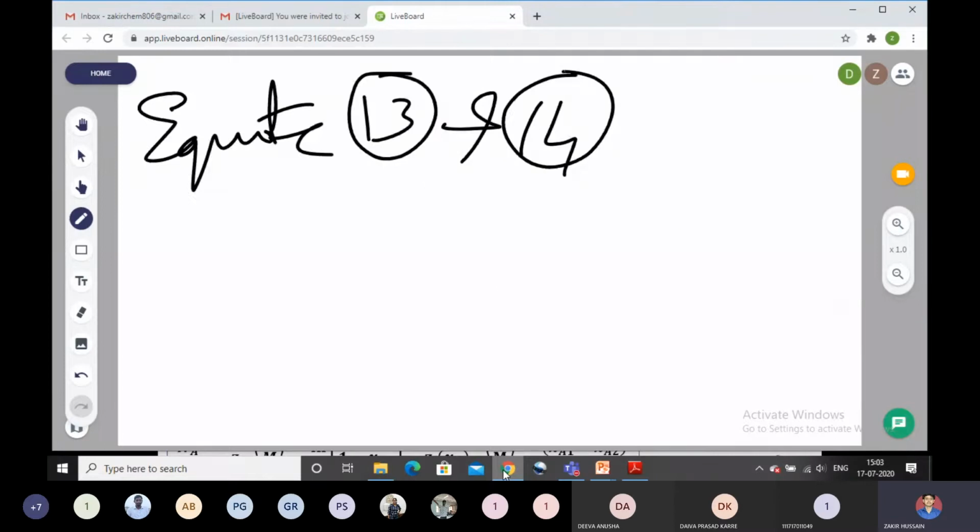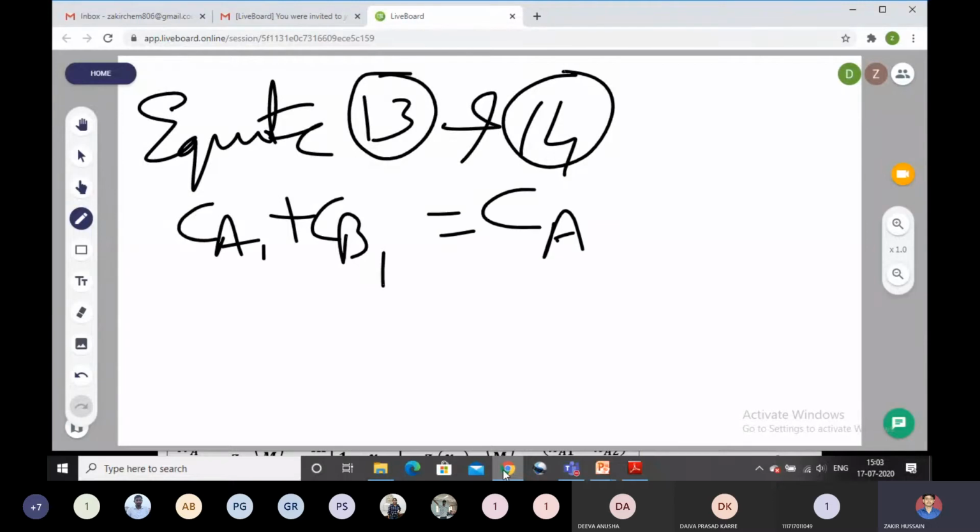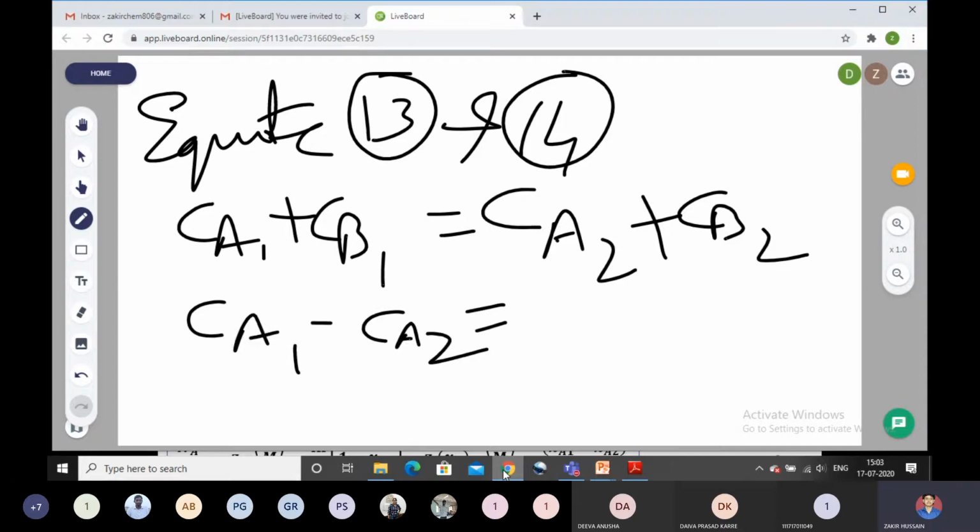Then we can separate component A on one side, component B on the other side: Ca1 minus Ca2 is equal to Cb2 minus Cb1. This is from the above equation only.